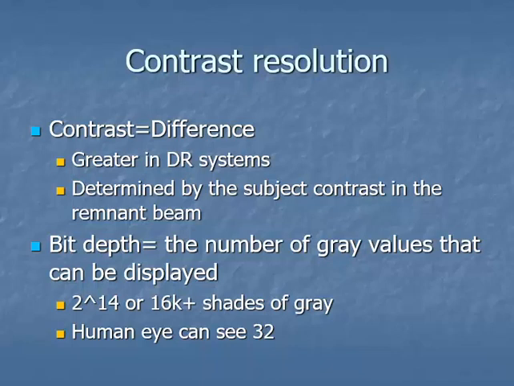So the subject contrast, the range of densities on the image receptor fed into and manipulated by your lookup table, is what gives you image contrast. So bit depth is the number of gray values that can be displayed. The human eye can see about 32, and a good digital system can display about 16,000.